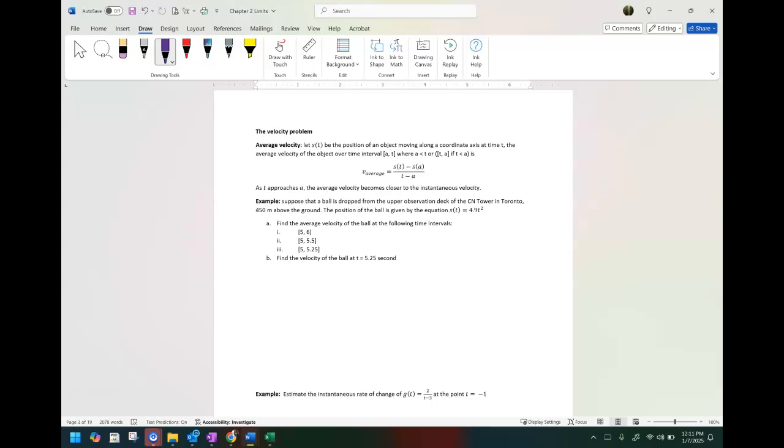As t approaches a, the average velocity becomes closer to the instantaneous velocity. So the instantaneous velocity means the velocity at a particular point in time.